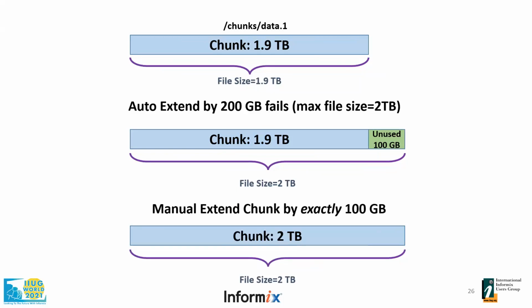Now, I had this situation. We had this 2 terabyte file size limit. We had a bunch of chunks, and many of the operations had failed to extend. And because they're big files, they were trying to expand by quite a lot at a time. It wasn't like we were just left with a few gig here and there.